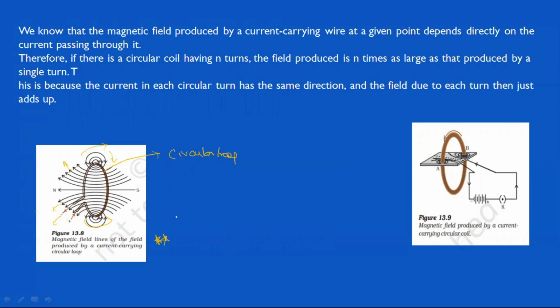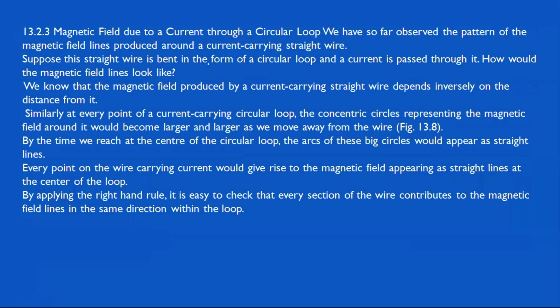So the magnetic field produced by a current carrying straight wire depends inversely on the distance from it. Similarly, at every point of a current carrying circular loop, the concentric circles representing the magnetic field around it would become larger and larger as we move away from the wire.